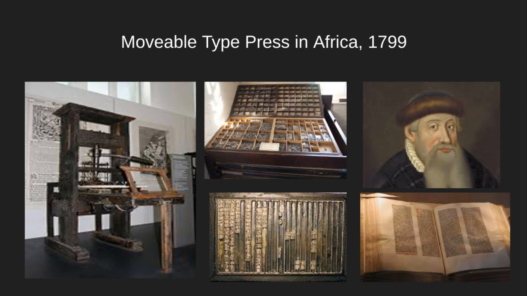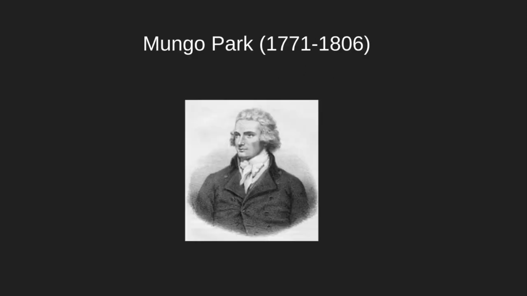Walter Ong, who is a theorist of orality and literacy differences, observes that with the invention of the printing press, there comes to be a thinking of the word as an object or having a thing-like character that is really not the case so much in the world that these travelers encountered. And so here you can see Mungo Park.